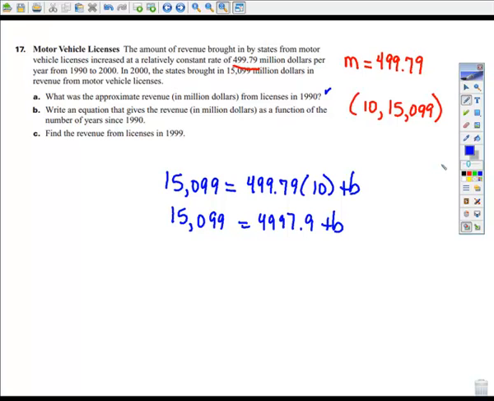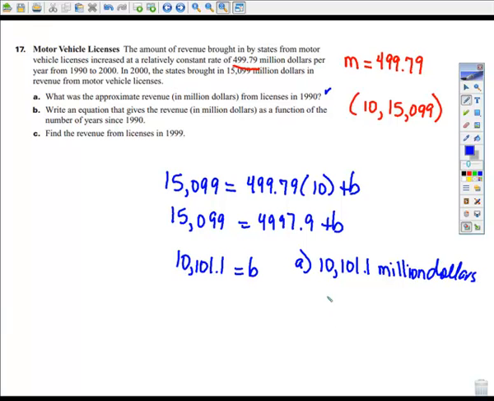When I subtract that, 15,099 subtract 4,997.9, I get 10,101.1 for the b. So part A was the approximate revenue in millions of dollars. It's $10,101.1 million.